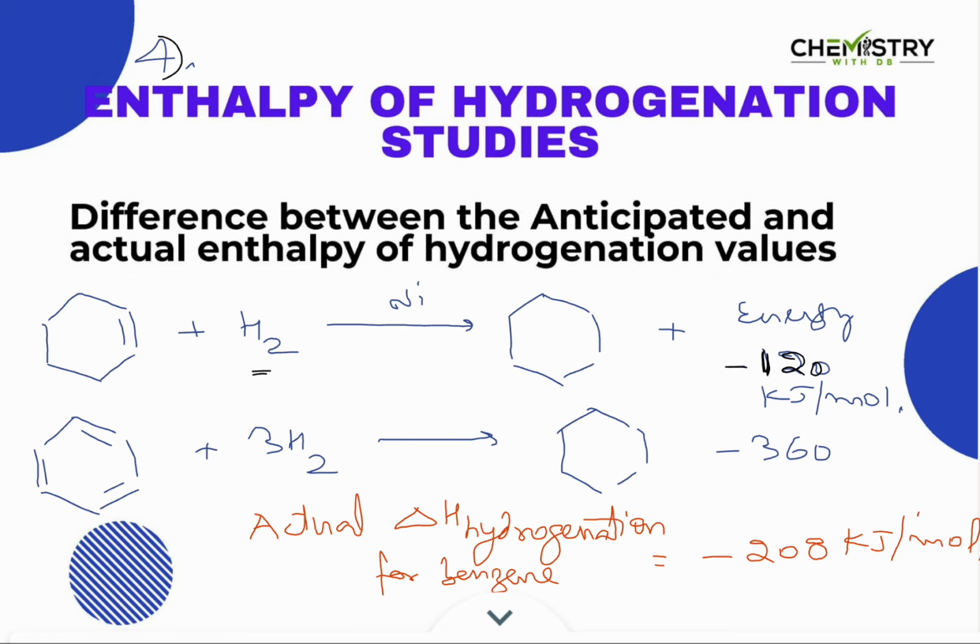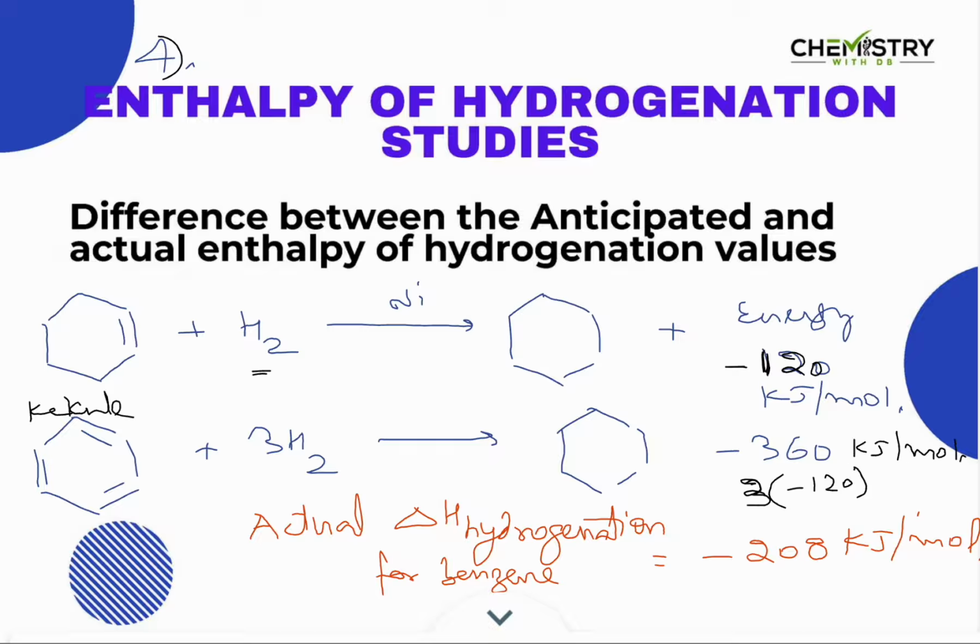As per the Kekule model, which suggested that there are 3 double bonds, the energy released would have been 3 times minus 120, or minus 360 kilojoules per mole.